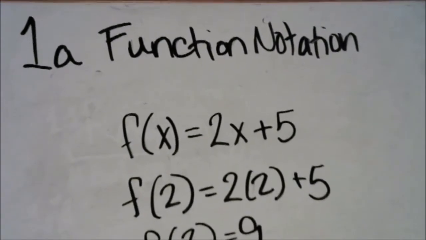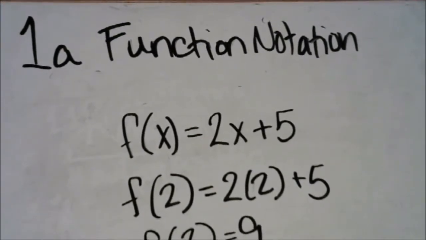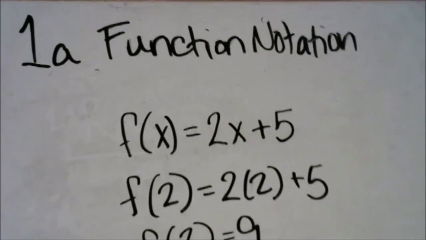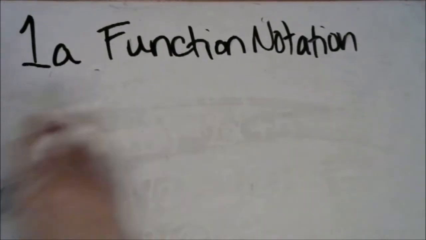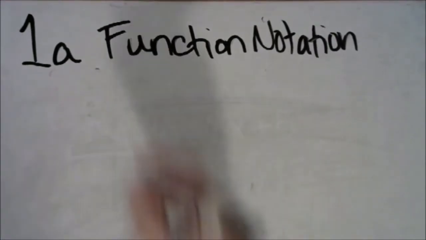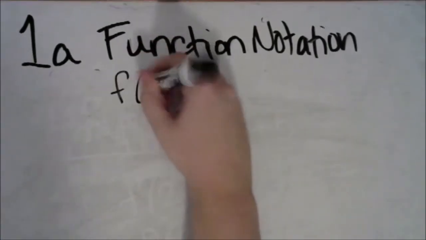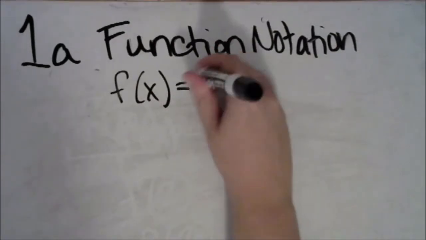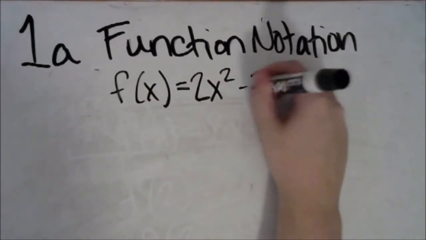Example 2, we're going to take a more complicated equation, and we're going to find a lot more expressions evaluated there. So let's erase. For our next equation, we're going to do f of x equals 2x squared minus 3x.